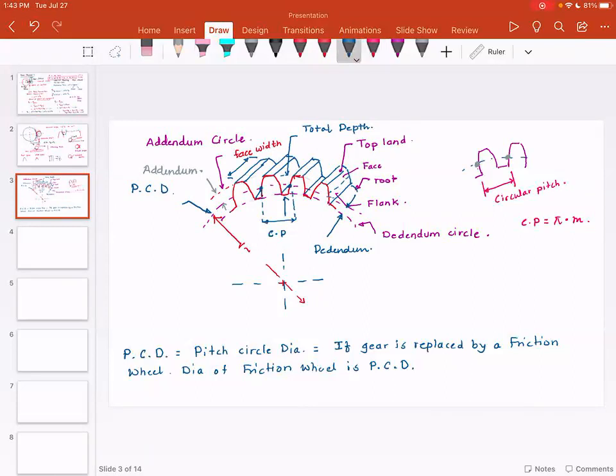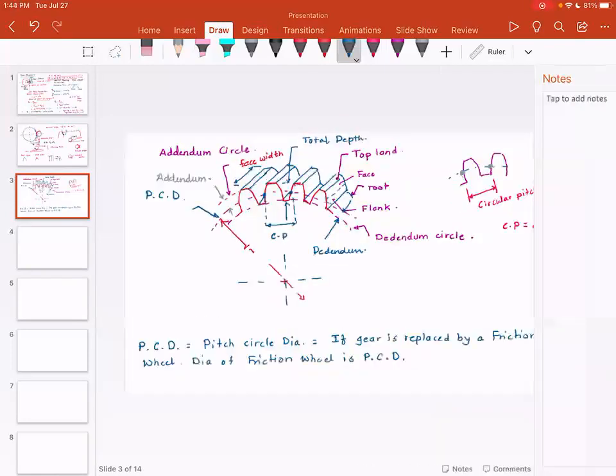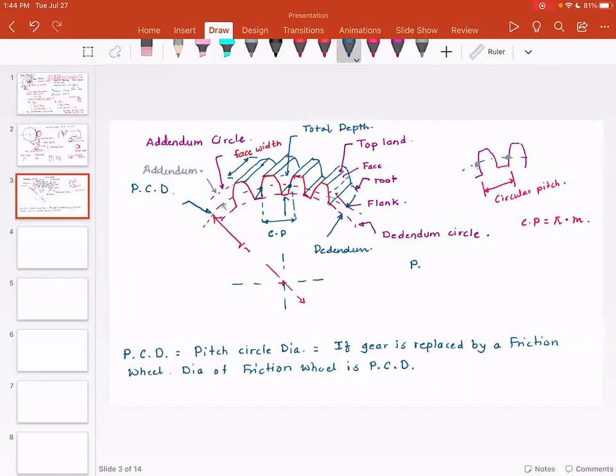So the most important equation in gear design is this: pitch circle diameter is equal to module times number of teeth, where M is module and T is number of teeth.